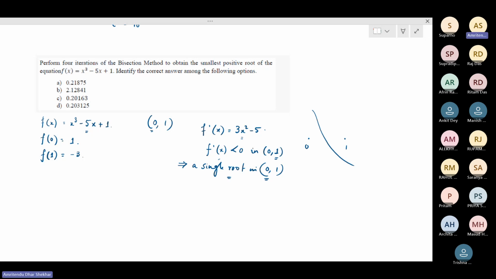Now you can start your estimate. Let's say you choose your x naught as equal to half, and then you compute f of x naught, which comes out to be something like minus 1.37.